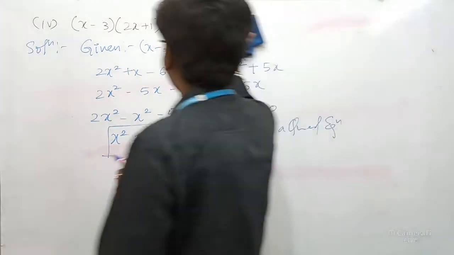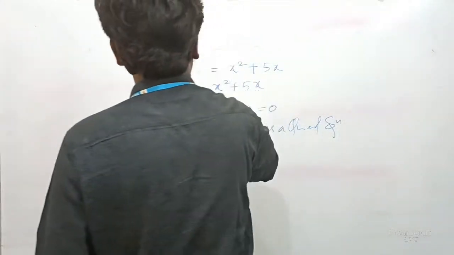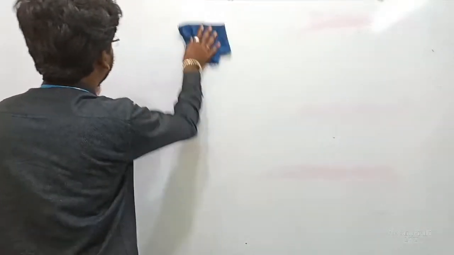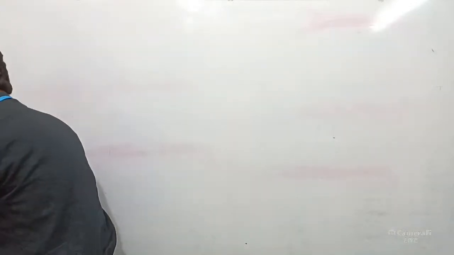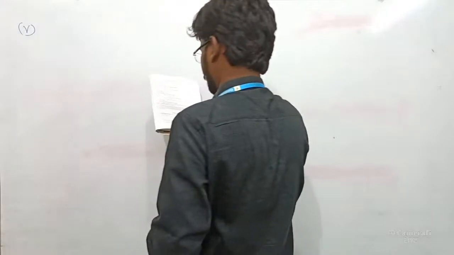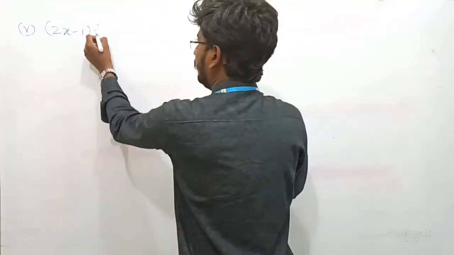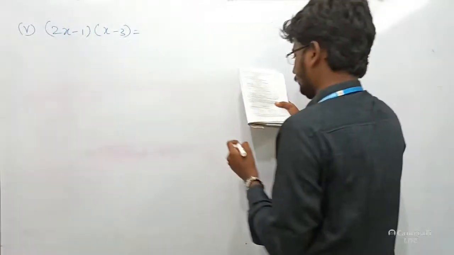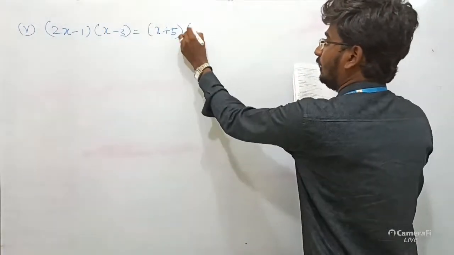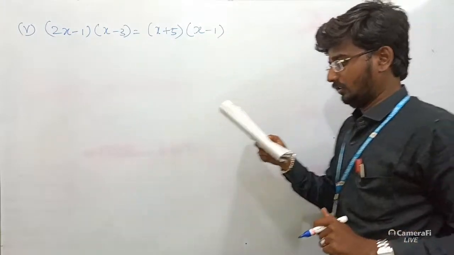Okay, now coming to problem number 5. Again almost the same. The question is 2x minus 1 into x minus 3 is equal to x plus 5 into x minus 1.